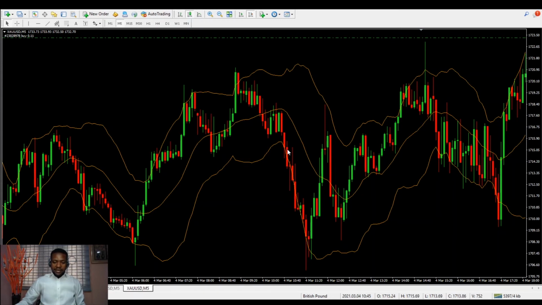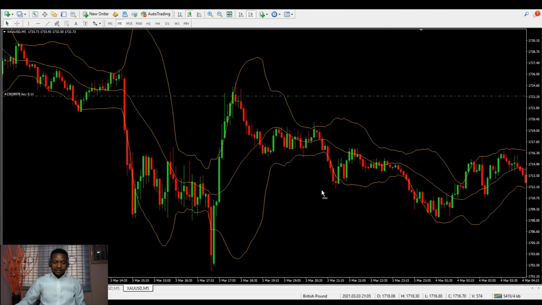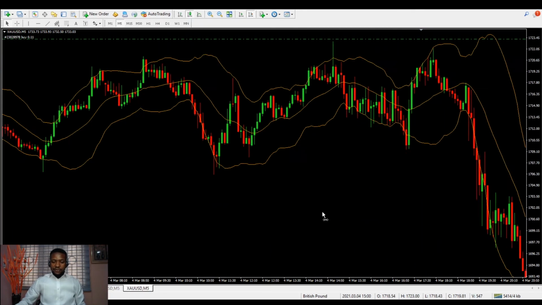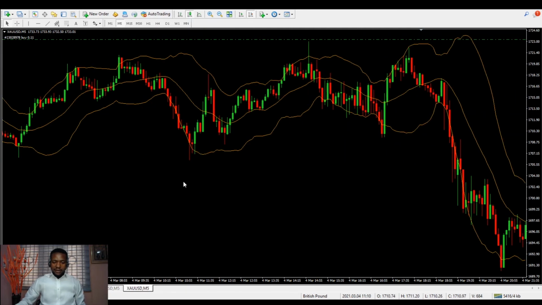So when you're applying this riding the band strategy, make sure you have at least 2 or 3 other indicators telling you that this is a rally or this is going to be a long fall by sellers. So when you want to ride the band, combine it with RSI, stochastic oscillator, moving average, and other indicators.